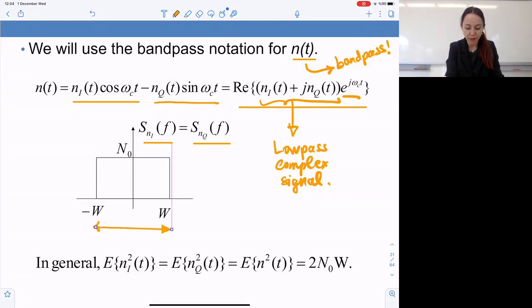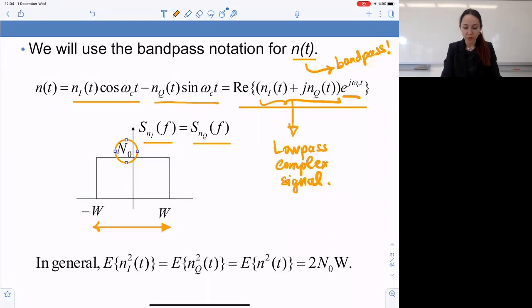And the height of the PSD is N_0. Why? Because the two components from f_C and minus f_C come together and add on top of each other, and N_0 over 2 is multiplied by 2.